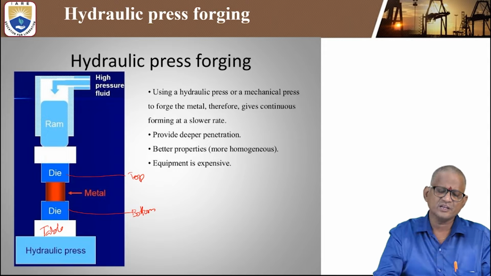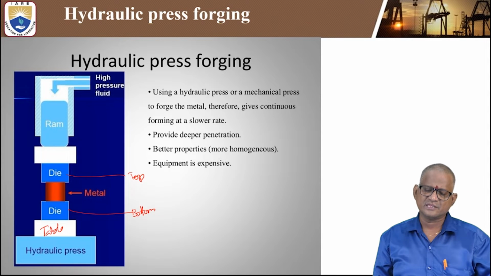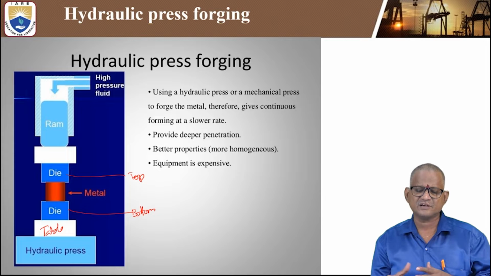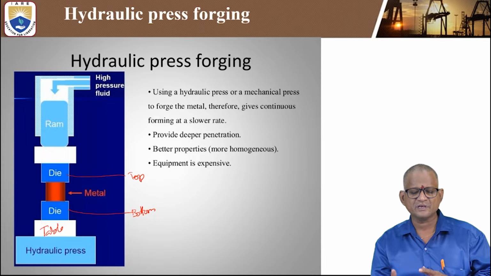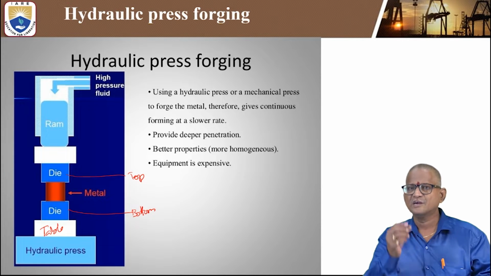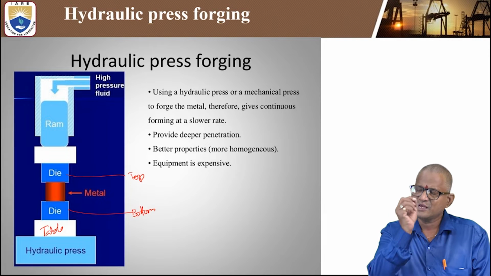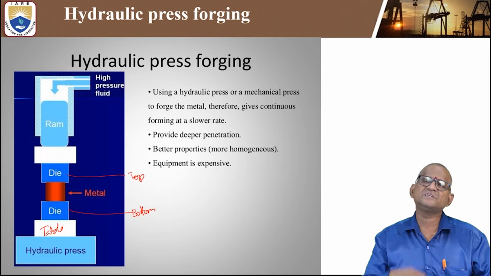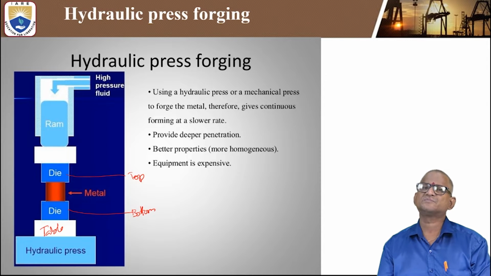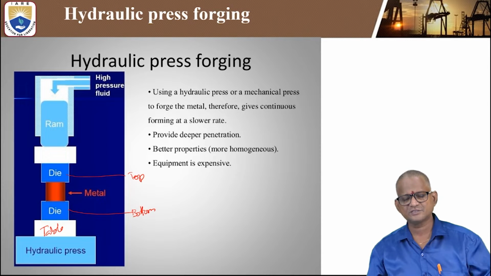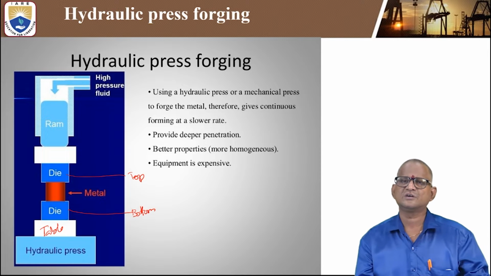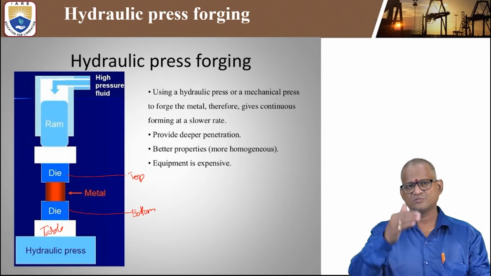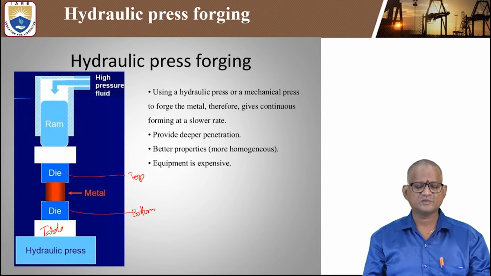You do not apply the pressure suddenly; the change of shape or forming is obtained continuously at a slow rate, with minimal change of shape and size, because repeated pressures can be applied using the hydraulic. You just switch on the switch, and the ram moves from top to bottom.